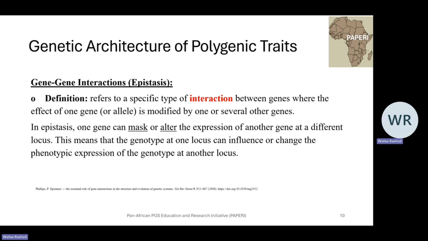In epistasis, one gene can mask or alter the expression of another gene at a different locus. This means that the genotype at one locus can influence or change the phenotypic expression of the genotype at another locus. Okay, someone may ask me, why do you mention epistasis, why are we talking about polygenic traits?